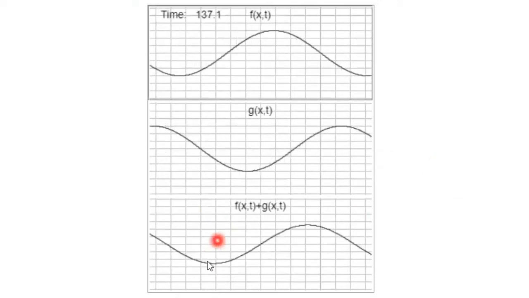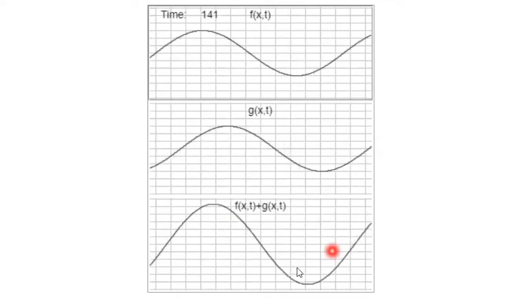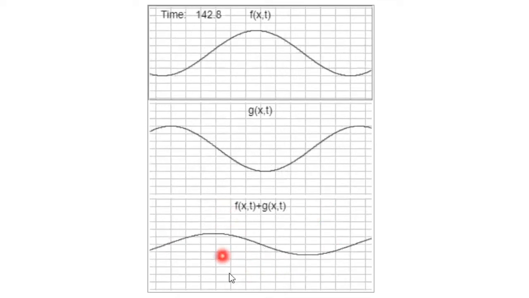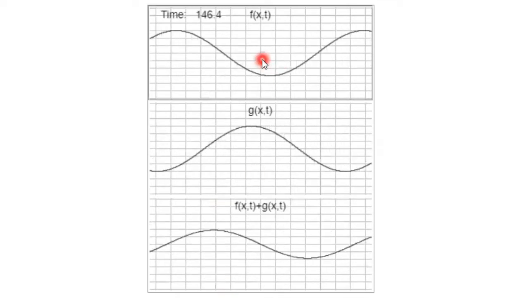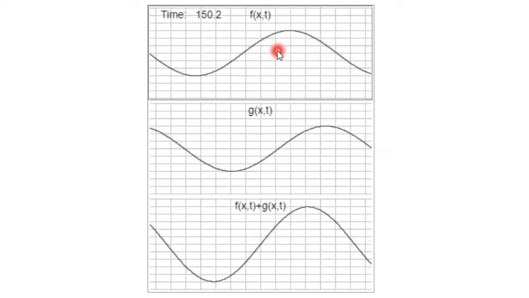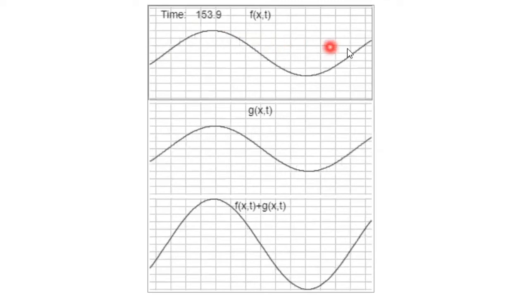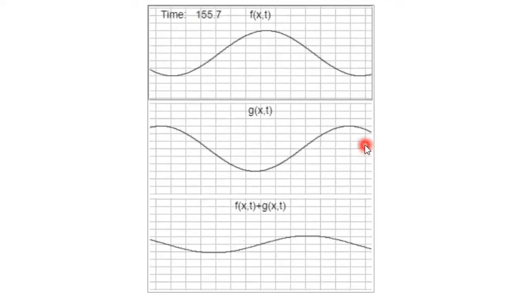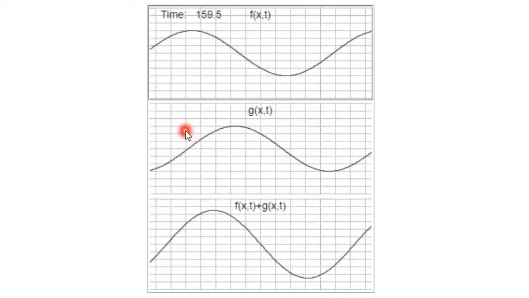the disturbances which have been formed, this is the stationary wave, are not traveling in the forward direction. As you can see, in the first wave the disturbance is traveling toward the right, and in the second wave you can clearly see that the disturbance is traveling toward the left.